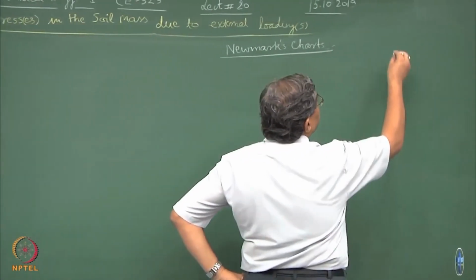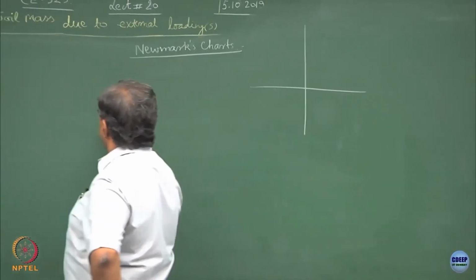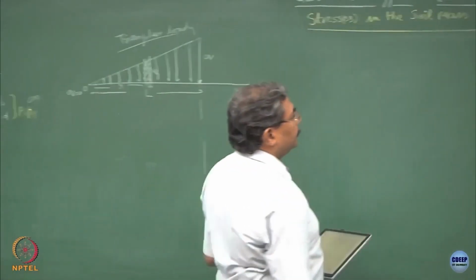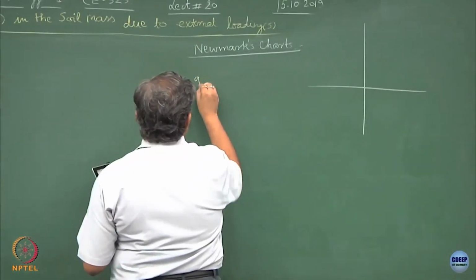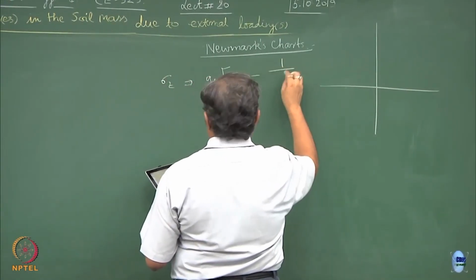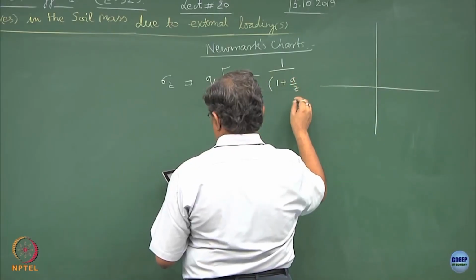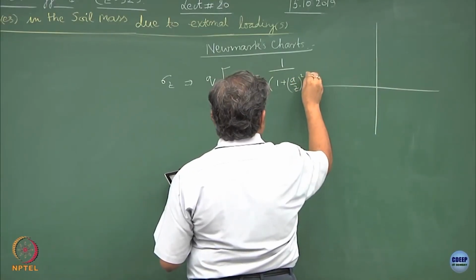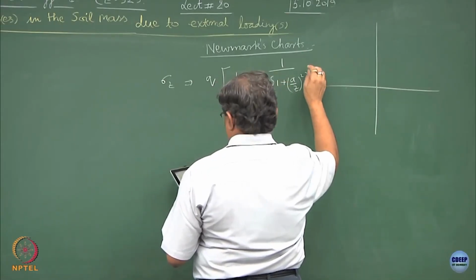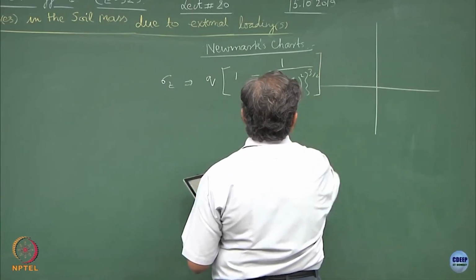What we do is we define the state of stress sigma z as q times 1 minus 1 upon (1 plus (a by z) square) to the power 3 by 2, alright.